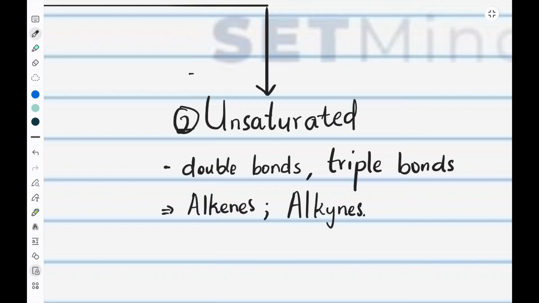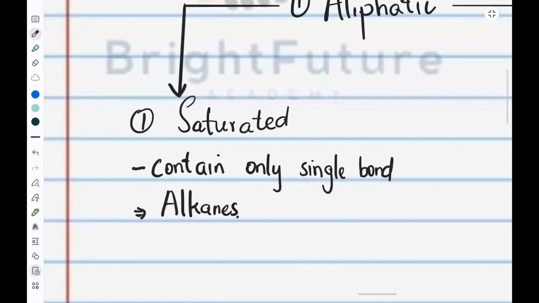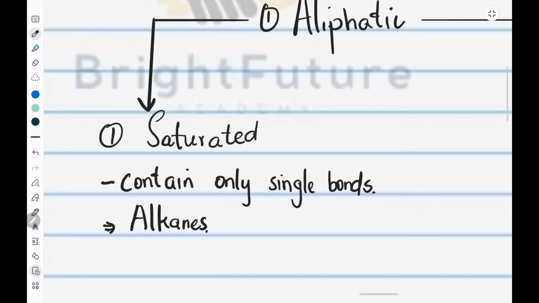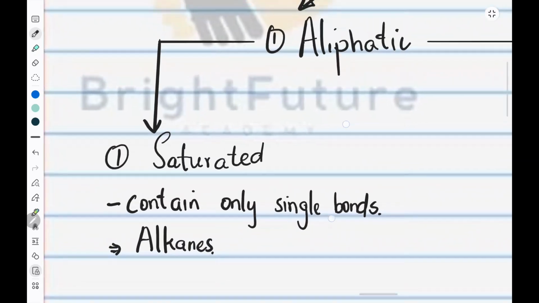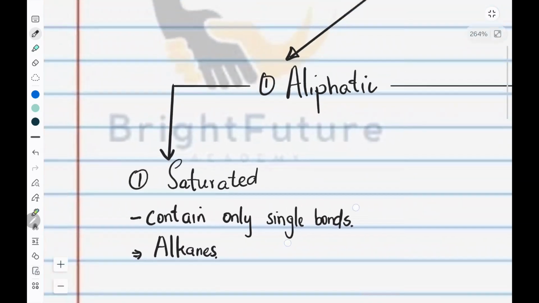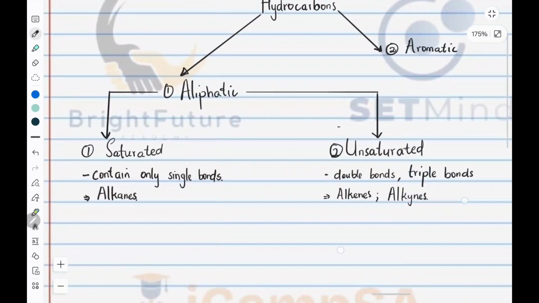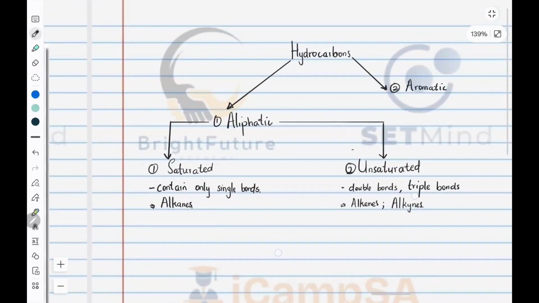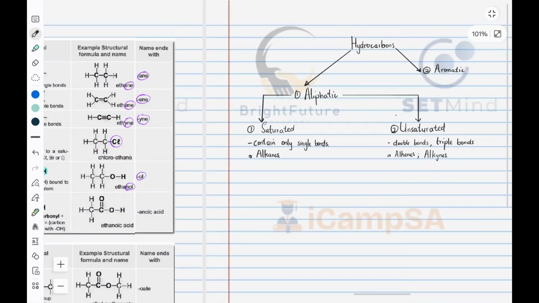And when we say something is a saturated hydrocarbon, it means it contains only single bonds. That's what it means. So that's one thing I wanted to mention before we go forward and start discussing alkanes and go even deeper. That's one thing you must understand.